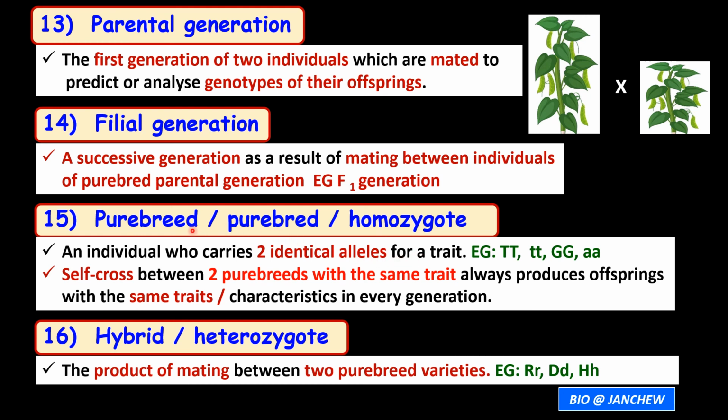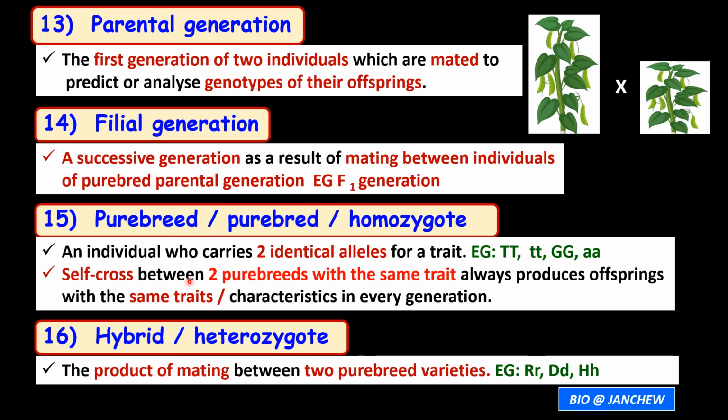So purebred is also like that. It has two identical alleles for a trait. For example, the genotype of a purebred could be big T, big T, or small t, small t. Okay, in other words, it can be a homozygous dominant organism or a homozygous recessive organism.